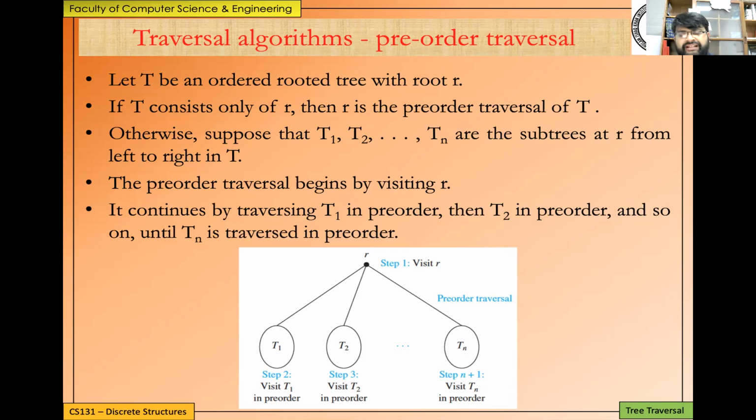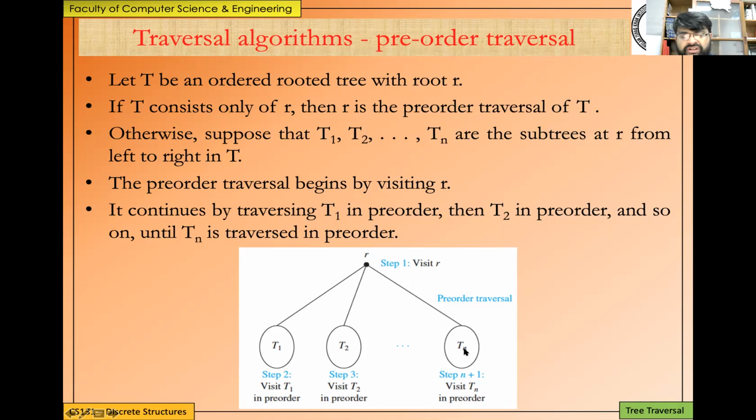Let us suppose that T is an ordered rooted tree with root at R. This one is the left child, this one is the middle child, and this one is the right child.